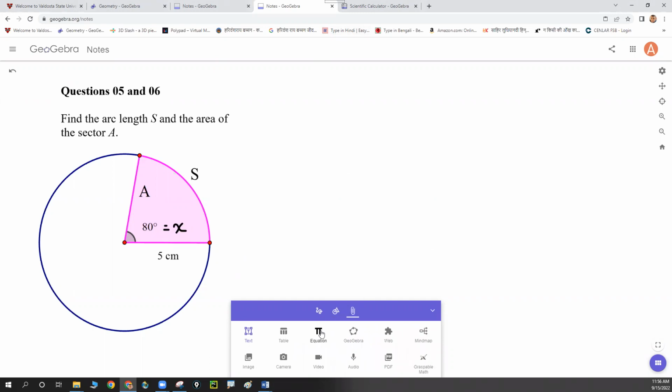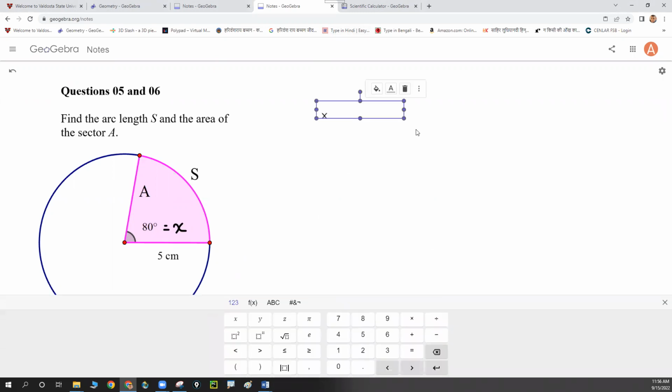I can say x over 80 degrees must equal, I know the relationship between pi and 180, pi over 180.